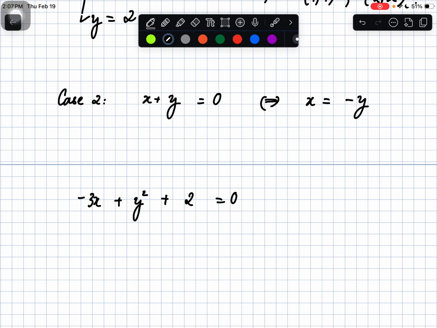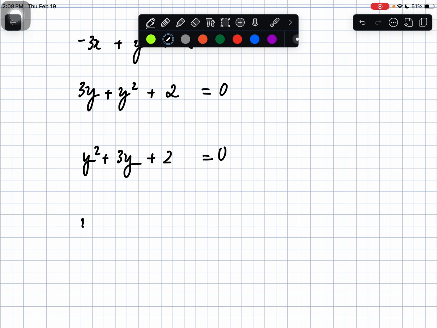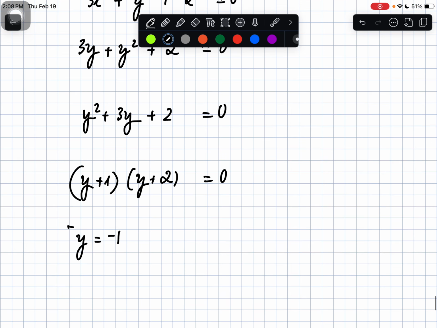Minus 3x is plus 3y, then plus y squared plus 2 equals 0. This is equivalent to (y plus 1)(y plus 2) equals 0. So y equals minus 1 or y equals minus 2.